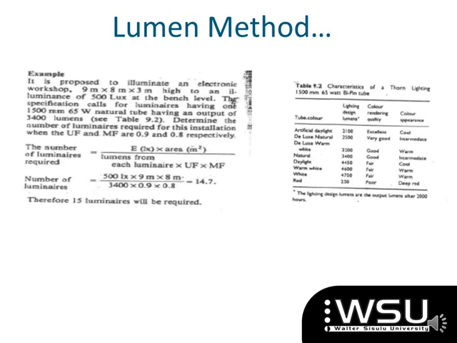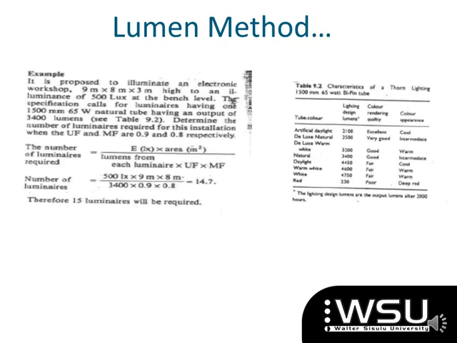There's a table that they put as a 9.2, and I've also inserted it on the right hand side here, and you can see that for a natural light of that specification it is the 3400. So if they had said it was an artificial daylight, it would have been the 2.1. If they had said it was a warm white, you would have used whatever they had defined it as. Because they said it was natural, we take that 3400 lumens.